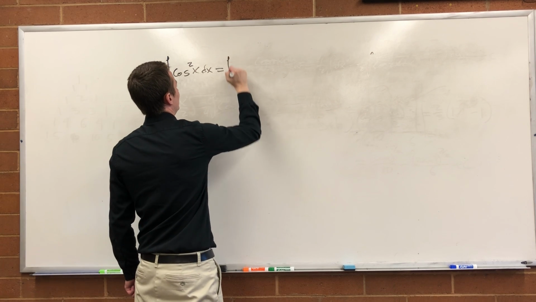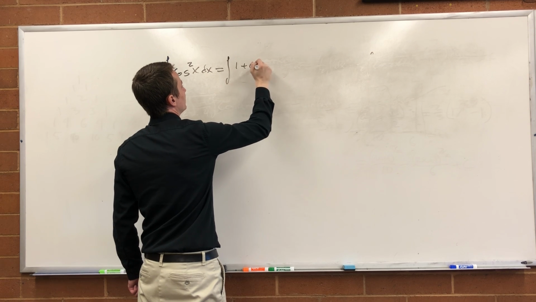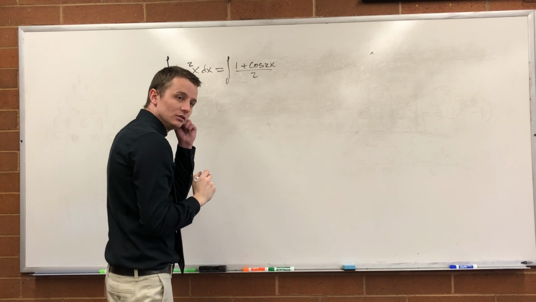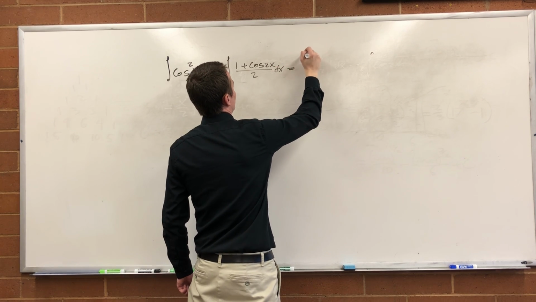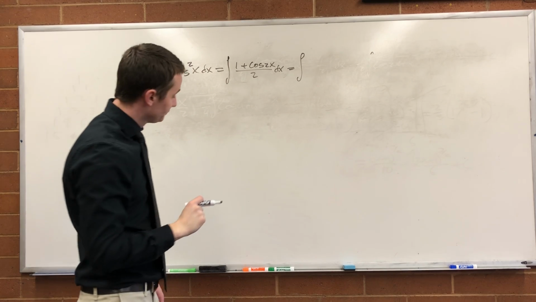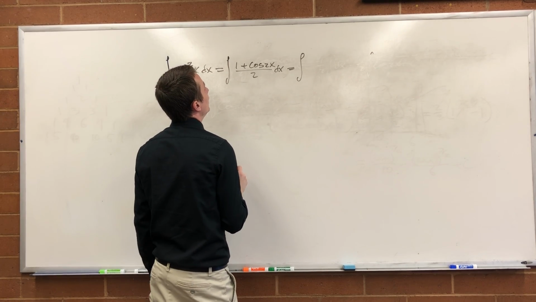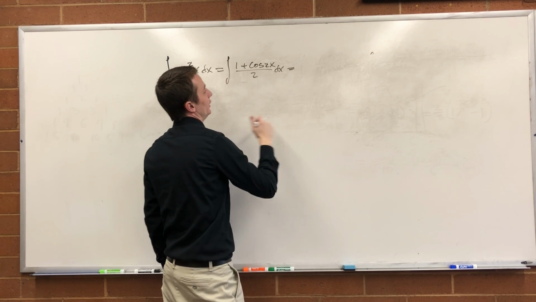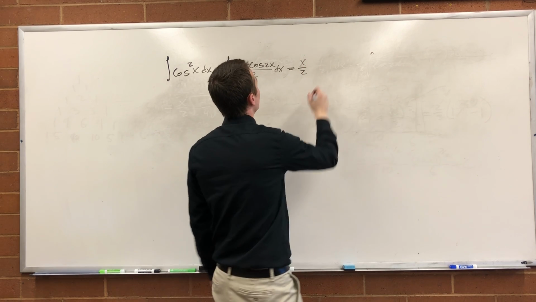So this is going to be the integral of, this time we're going to have 1 plus cosine of 2x all over 2 dx, which we can split apart. Pull the 1/2 out, integrate it, and we get x over 2. Good with that?